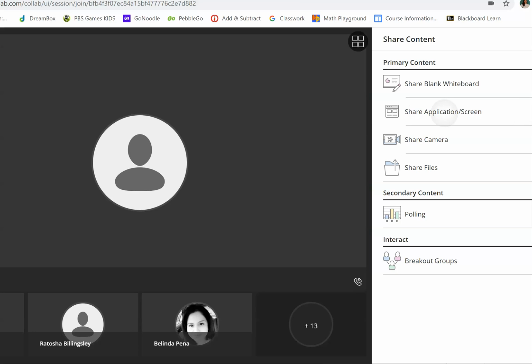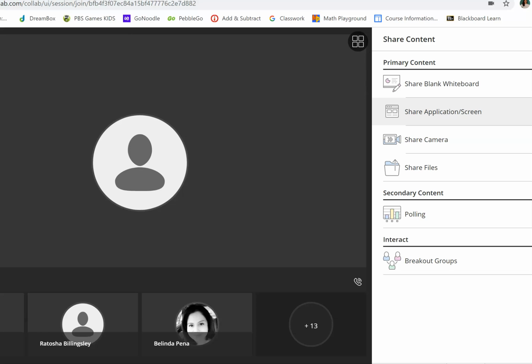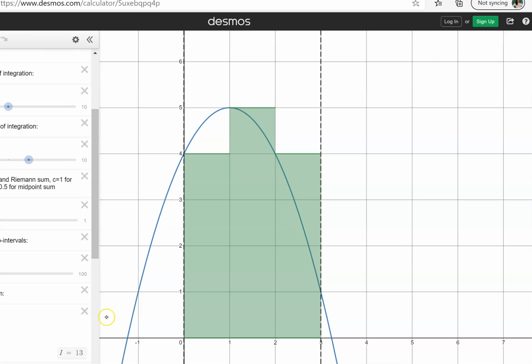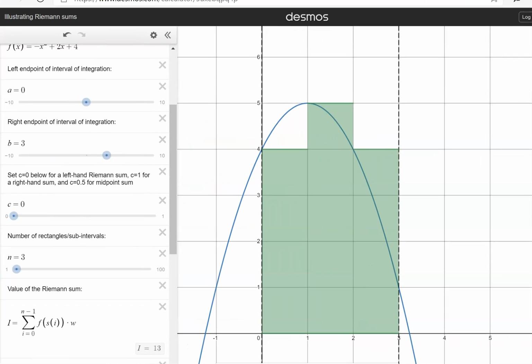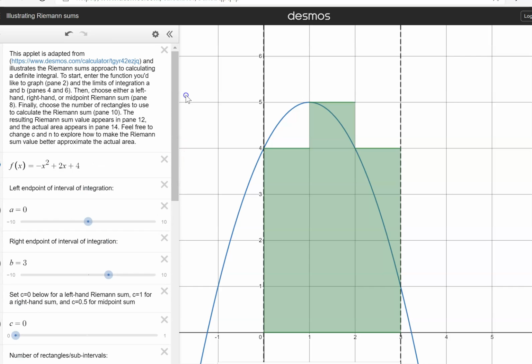So let me share my screen real quick. And here is Desmos. I've programmed Desmos in here. I graphed that function, the parabola negative x squared plus 2x plus 4.